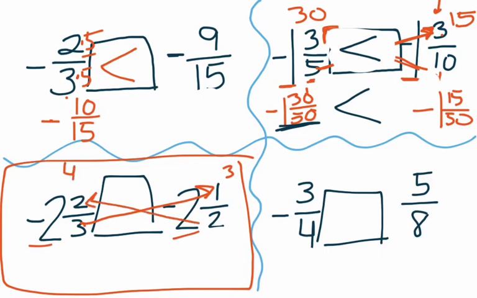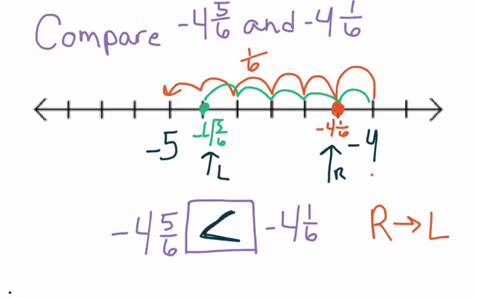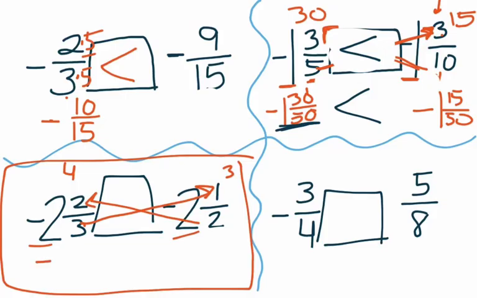So if I rewrite these, we have negative 2 and 4/6, and I get that 6 by doing 3 times 2, multiplying those denominators. And we have negative 2 and 3/6.